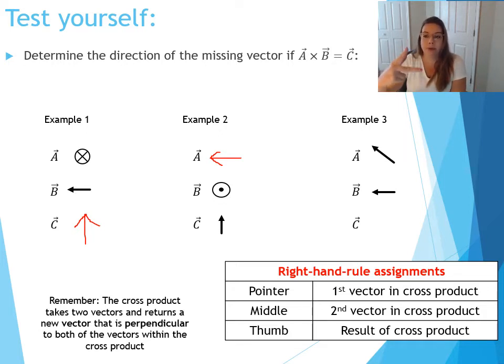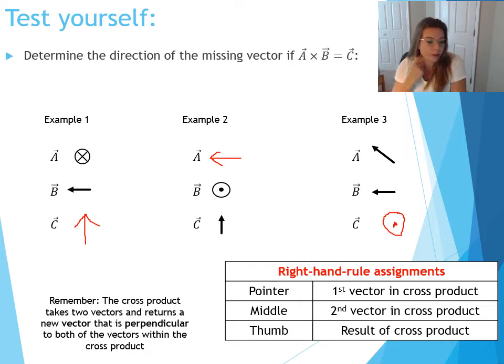You want to put your middle finger and your pointer finger in the plane of your computer screen. Your thumb should be coming out of your computer screen right now. So don't think that you can only cross vectors that are perpendicular to each other. You can try to cross any vectors you want. And sometimes you'll get an answer, and sometimes you'll get a 0 if you try to cross particular vectors, which we'll get into.